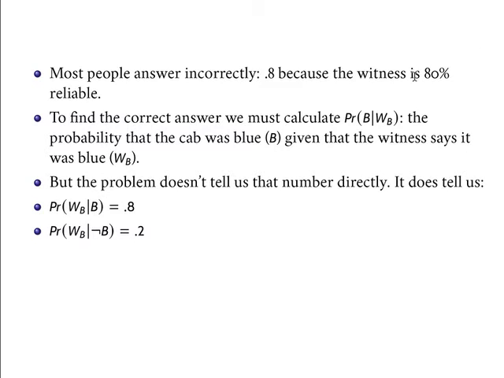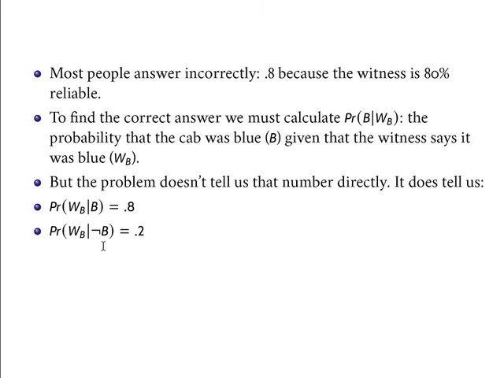And since we know that the witness is 80% reliable, that means that if the cab is green, i.e. not blue, there's an 80% chance that the witness will say it's green, which is to say that there's a 20% chance that if the cab is green, the witness will say that it's blue, will incorrectly identify it.